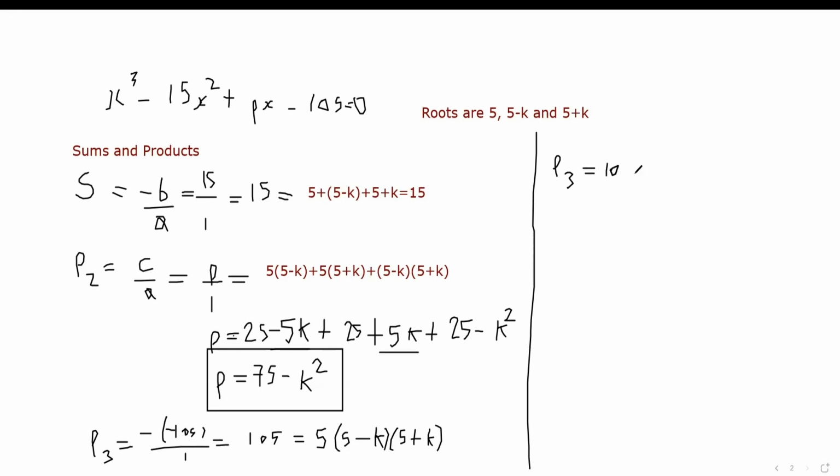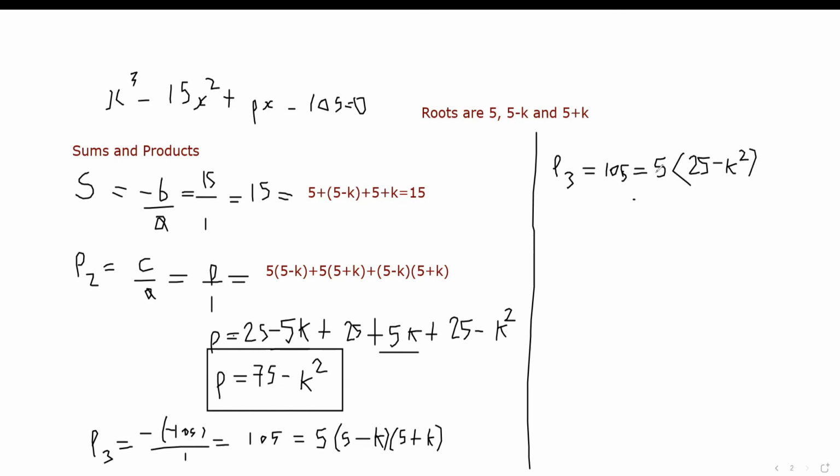That is equal to, all I have to do now is multiply the three roots here, Marika. This is easy to multiply. This works out to be 5 times (5 minus k) times (5 plus k), that's 25 minus k squared.